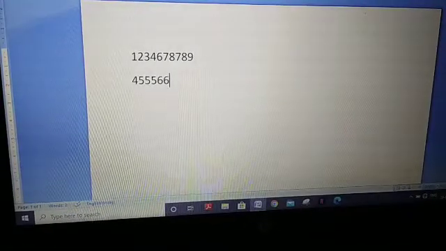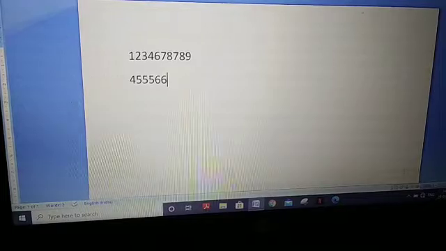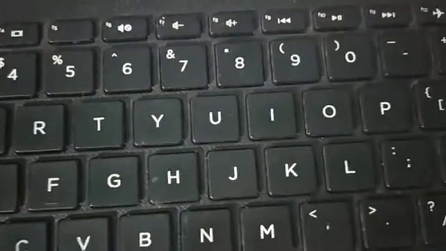So there are two sets of number keys. One set is just above the alphabet keys, starting from 1 and ending with 0.